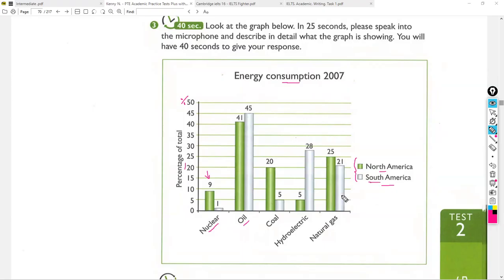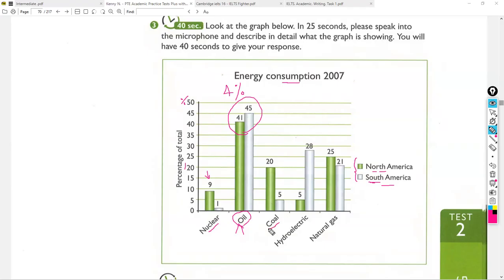Exactly. Now we can notice that the amount of consumption of oil in these two places is approximately the same. The difference is only small. So we notice that we have approximately, I'm not talking about exactly, the same amount of consumption concerning oil in these two places or areas, which are North and South America.